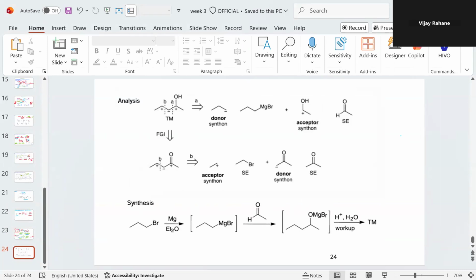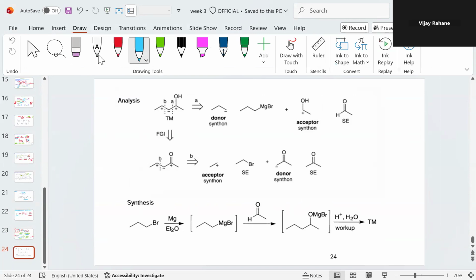So this is another molecule. This is our target molecule, and we have to prepare it. So how can we achieve this molecule?